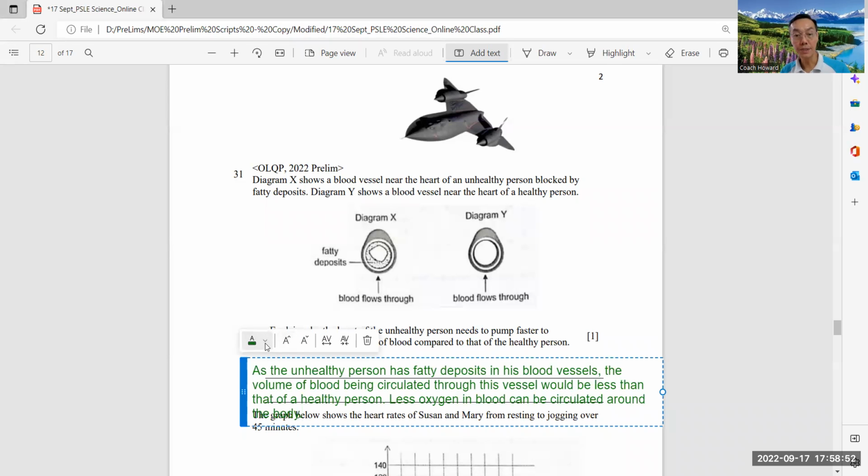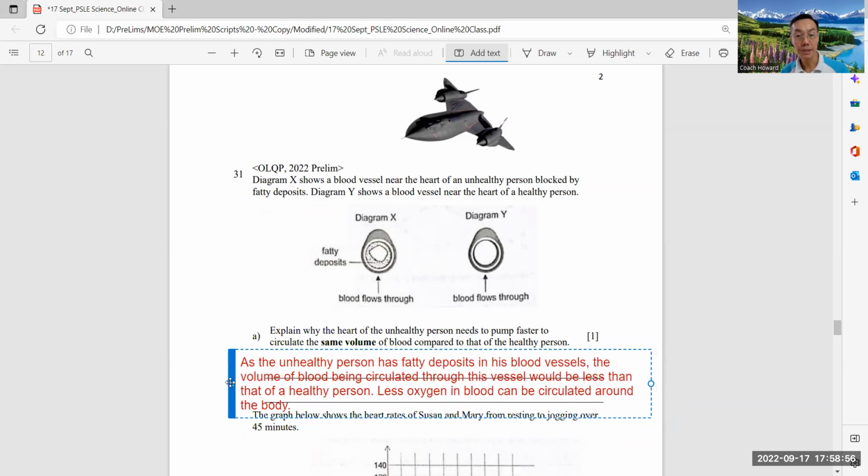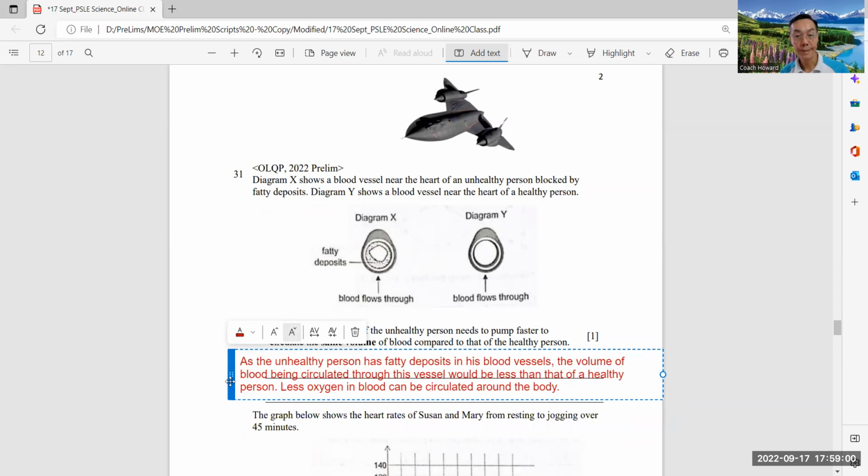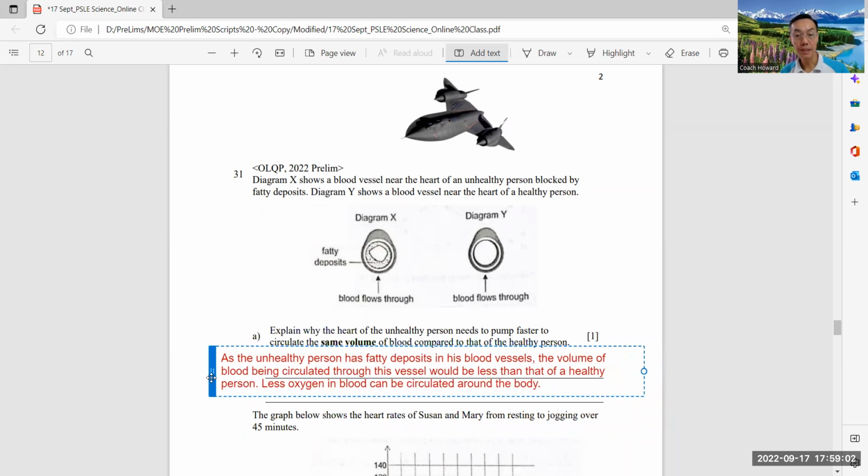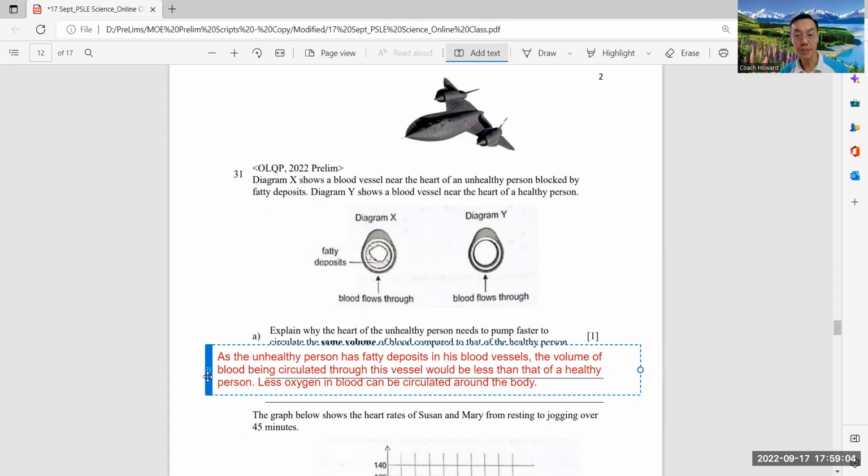So the unhealthy person, this is what happened, has fatty deposits. The unhealthy person has fatty deposits in his blood vessels. The volume of blood being circulated through these vessels would be less than that of a healthy person, so less oxygen can be circulated around the body.